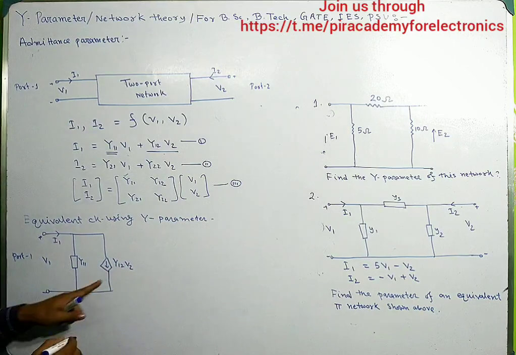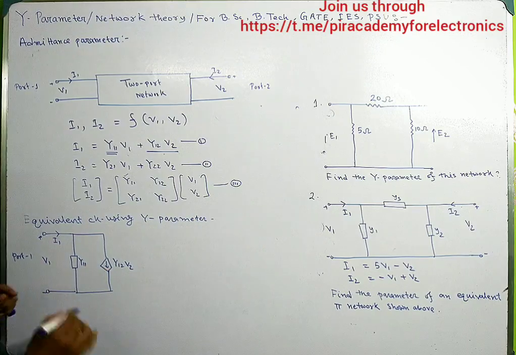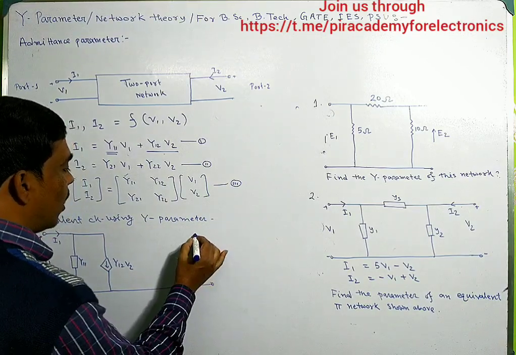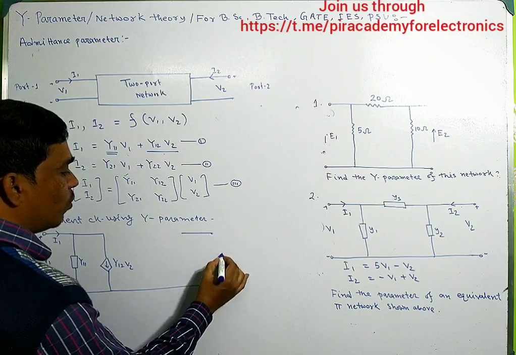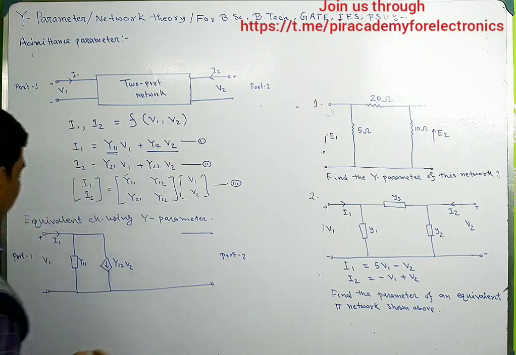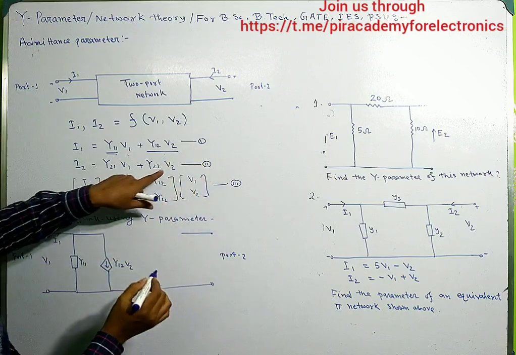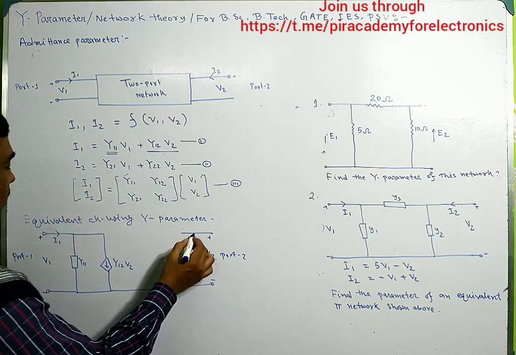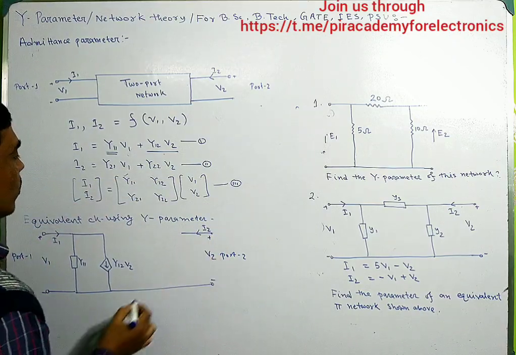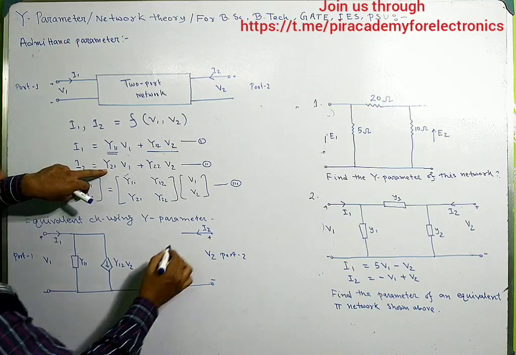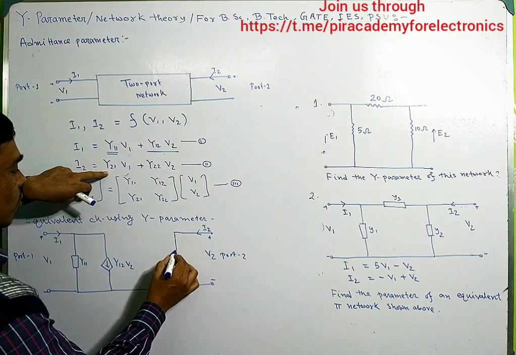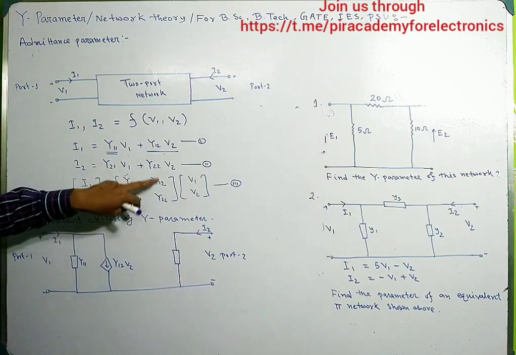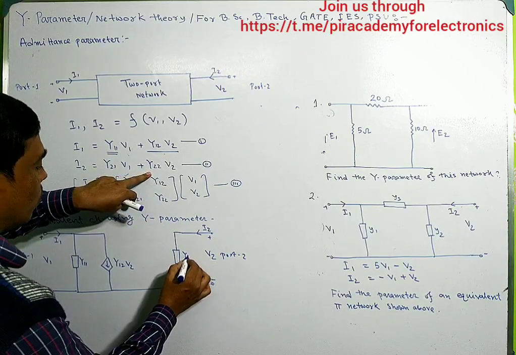This is the input terminal. Now this is the output terminal, port 2. Port 2 has voltage V2, this is plus, this is minus, and this is current I2. In a similar way, this must be Y22 across V2.